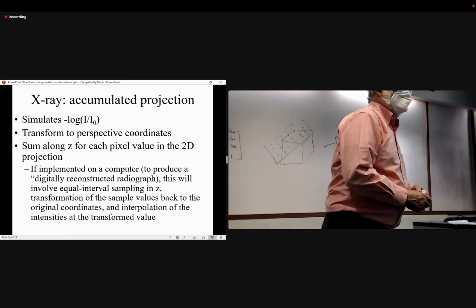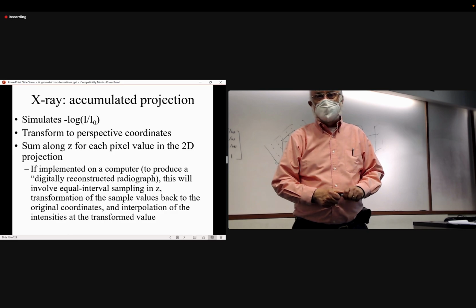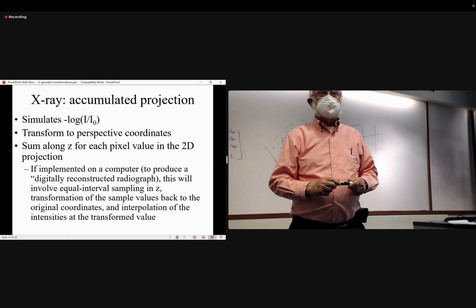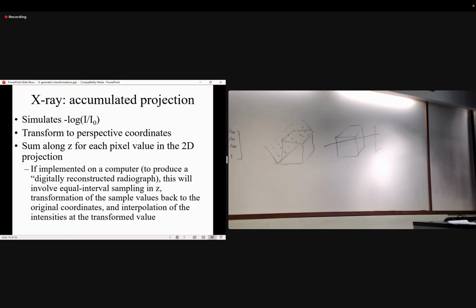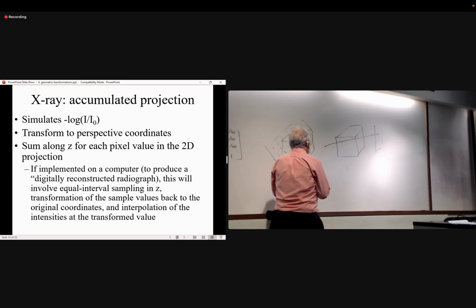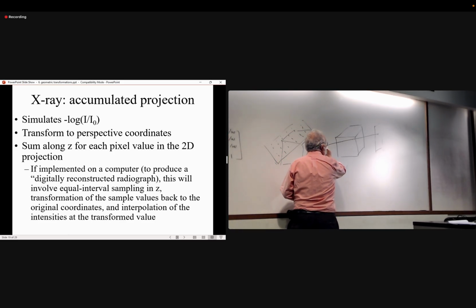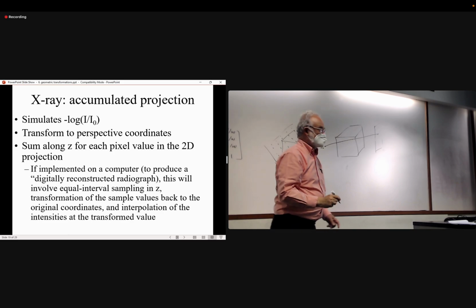which can be very useful for medical visualization, but also it has a part in computed tomography reconstruction, understanding those projections. In any case, what happens in X-ray is that you have some intensity of your X-ray, right?